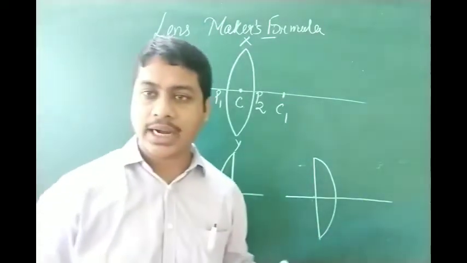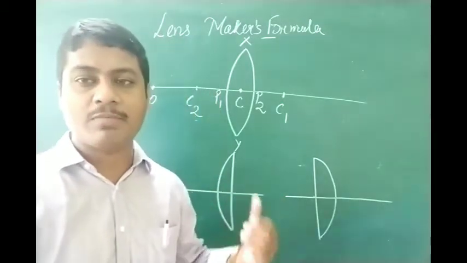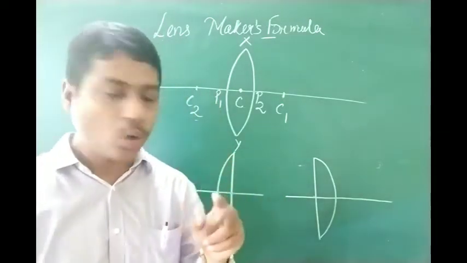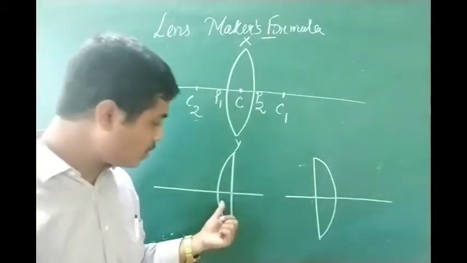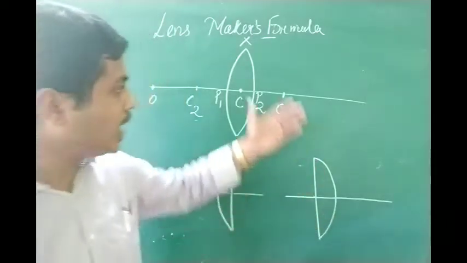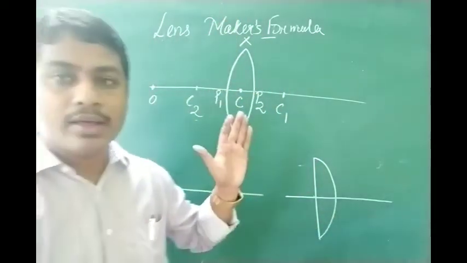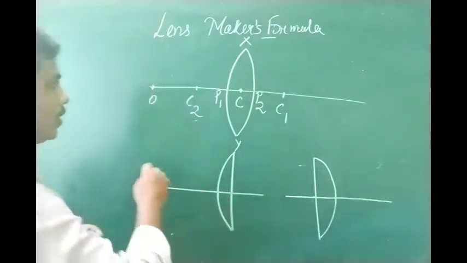As I have already told, the lens is made up of two parts. There are two spherical refracting surfaces. This is one part, this is the other part. So we can divide this lens into two parts. Suppose there is a point object.